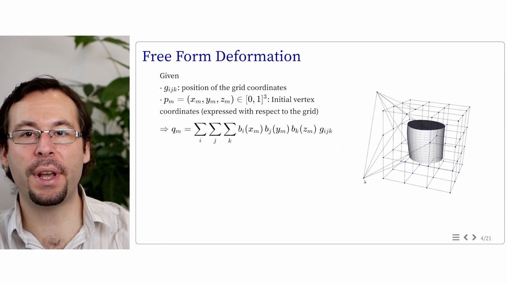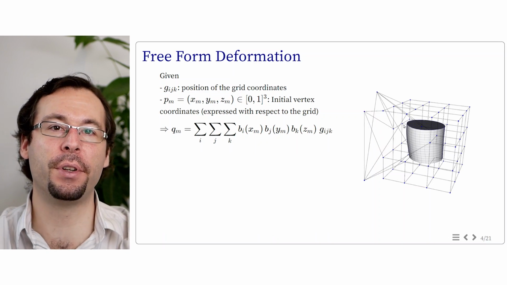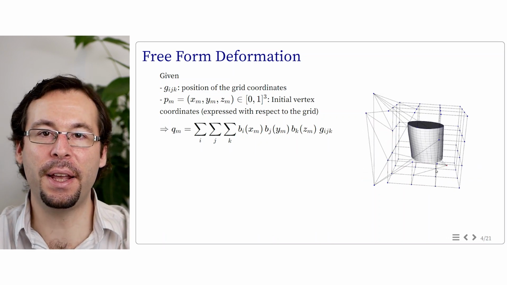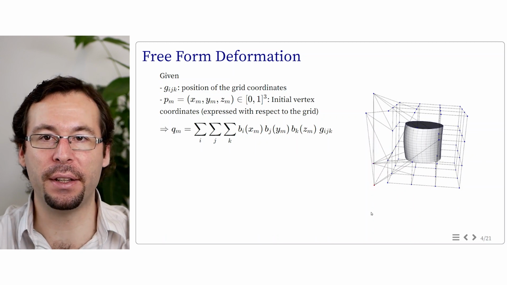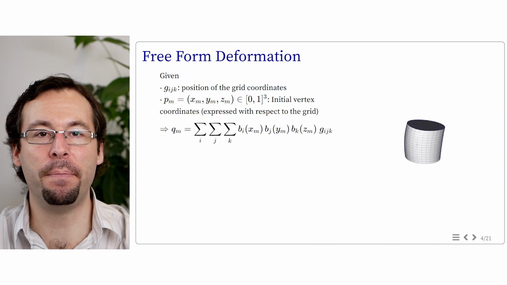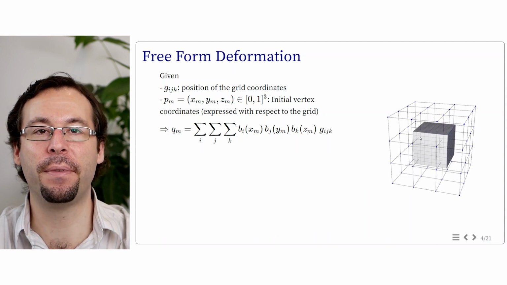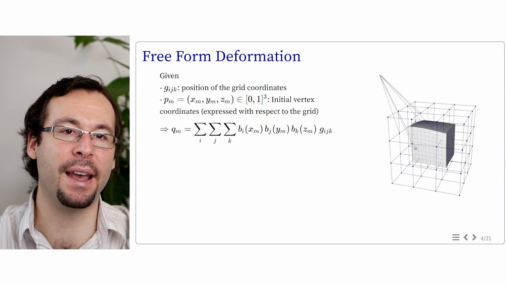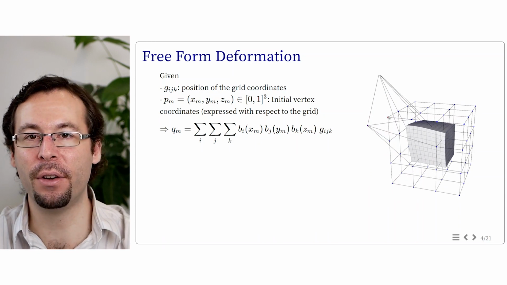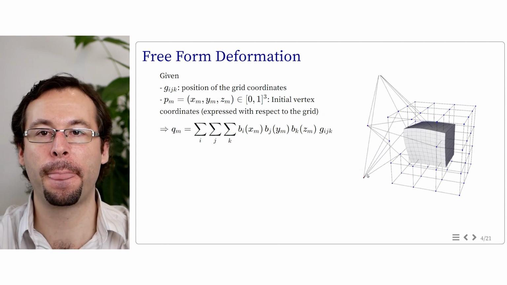So we suppose that we have as input the positions of the grid, G of ijk, and then you have a mesh inside this grid. The initial coordinates of the mesh, we call them P of m, and they are given by the coordinates xm, ym, zm, all between 0 and 1 with respect to the grid.